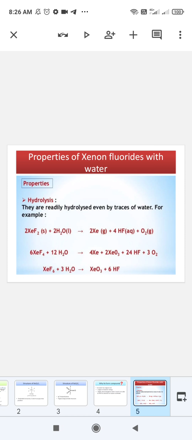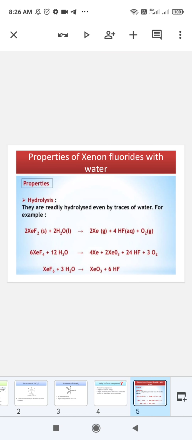Now we have to discuss the reaction of xenon fluorides with water. What are the reactions between xenon fluoride and water? We have already studied the 3 different fluorides of xenon: XeF2, XeF4, and XeF6.